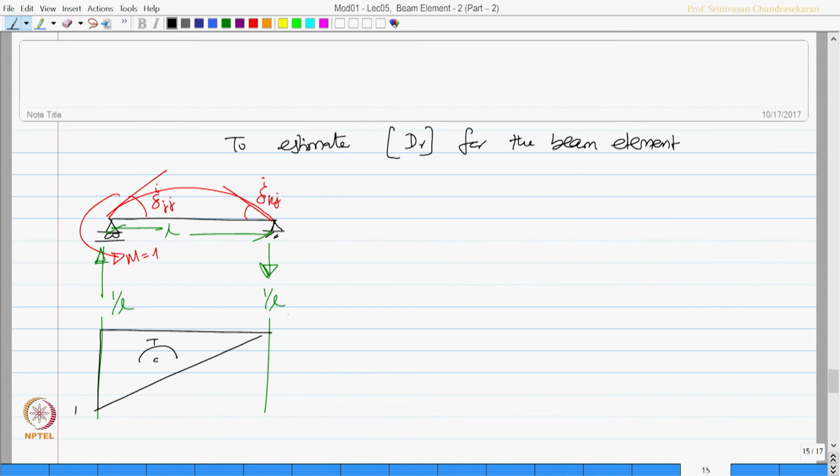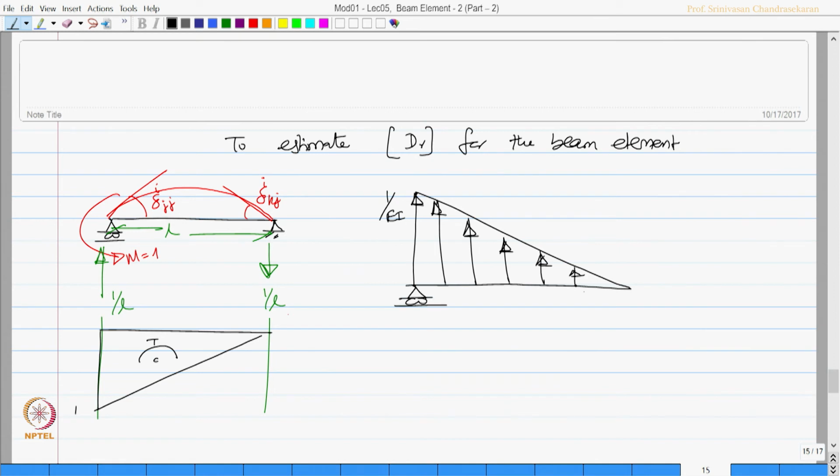The conjugate beam will have a loading diagram as I am drawing now, which will have 1 by EI as the loading diagram. So, this is going to be 1 by EI, okay, and this will remain as simply supported.